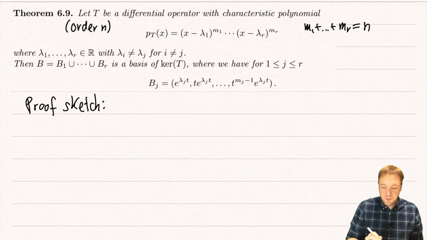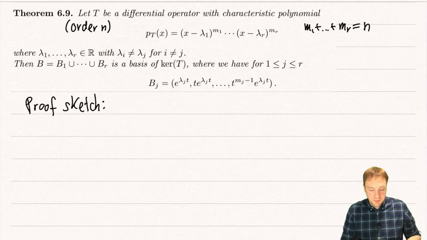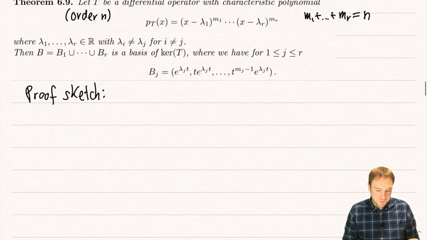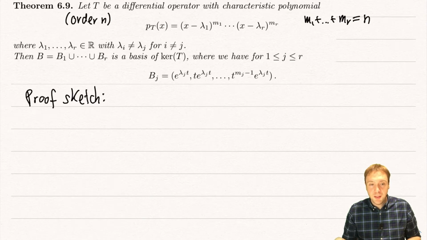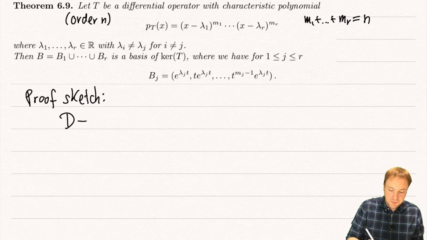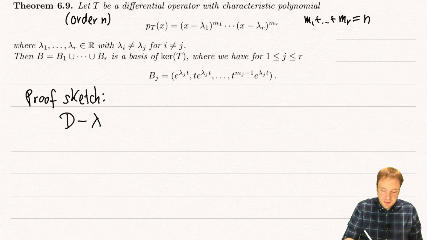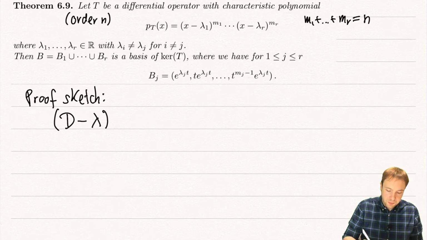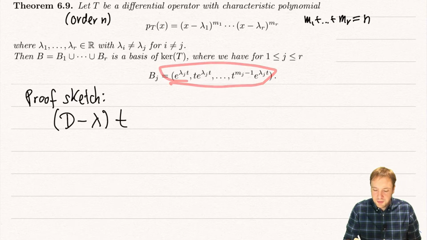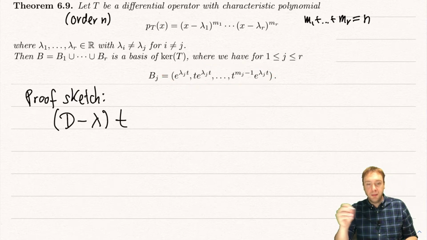Okay, so proof sketch, because we will just show that these are actually elements in the kernel, and then linear independence we will skip, and you can do it for yourself. So let's see what happens if I apply the differential operator D minus lambda to, let's say, a function of this type here. So these functions always have the form t to the something times e to the lambda t.